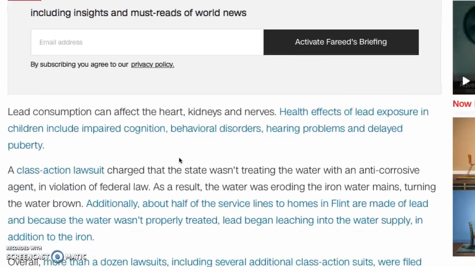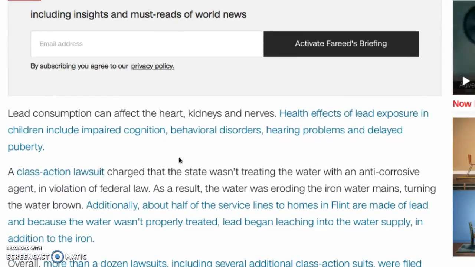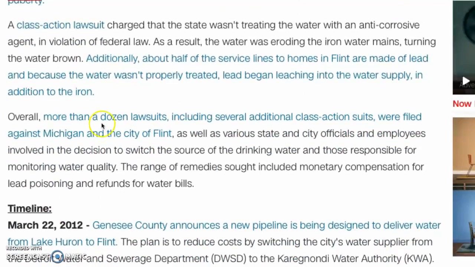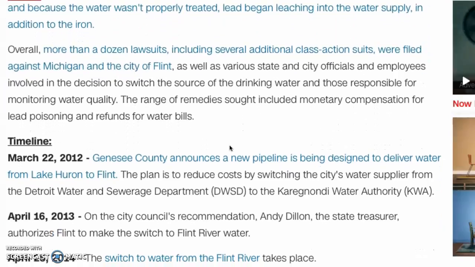They found lead in their new water source, which was the Flint River, and lead, of course, leads to health effects, including impaired cognition, behavioral disorders, hearing problems, and delayed puberty, so the children were definitely being affected. Fast forward, this led to dozens of lawsuits against Michigan and the city of Flint.